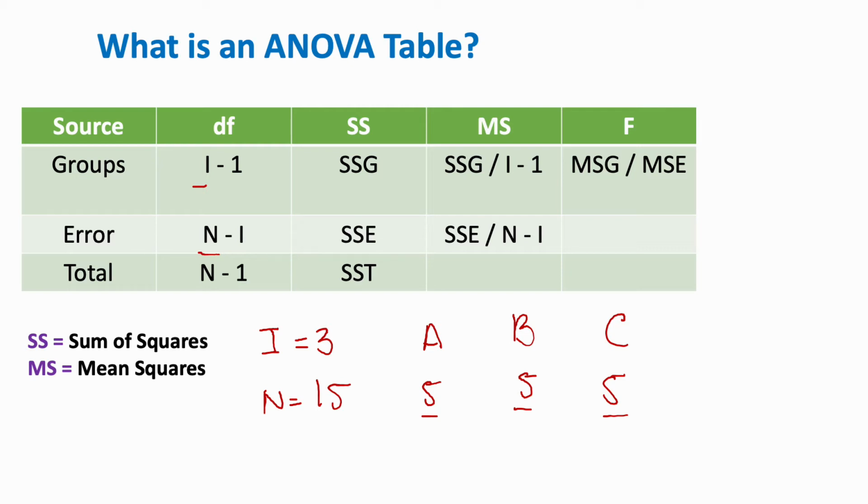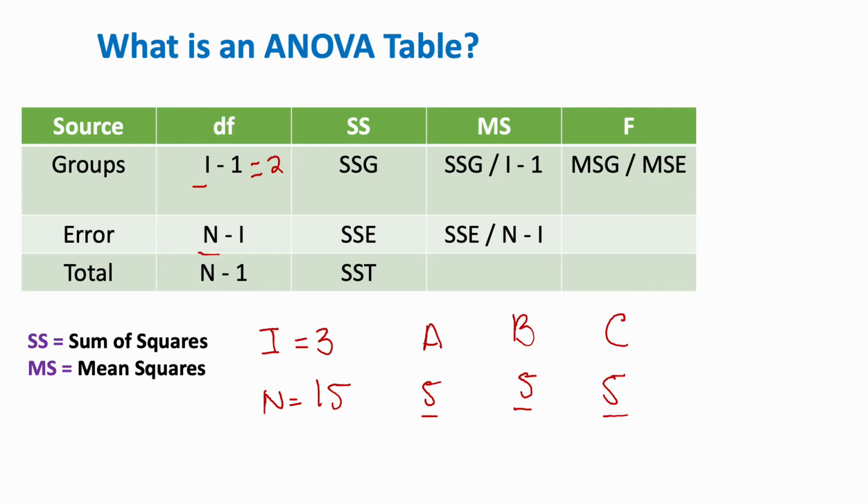So it's essentially the total number of participants we have within this given situation. So I is equal to 3 and n is equal to 15. Now if we go I minus 1, so 3 minus 1, which is going to be 2, we get our degrees of freedom associated with groups.